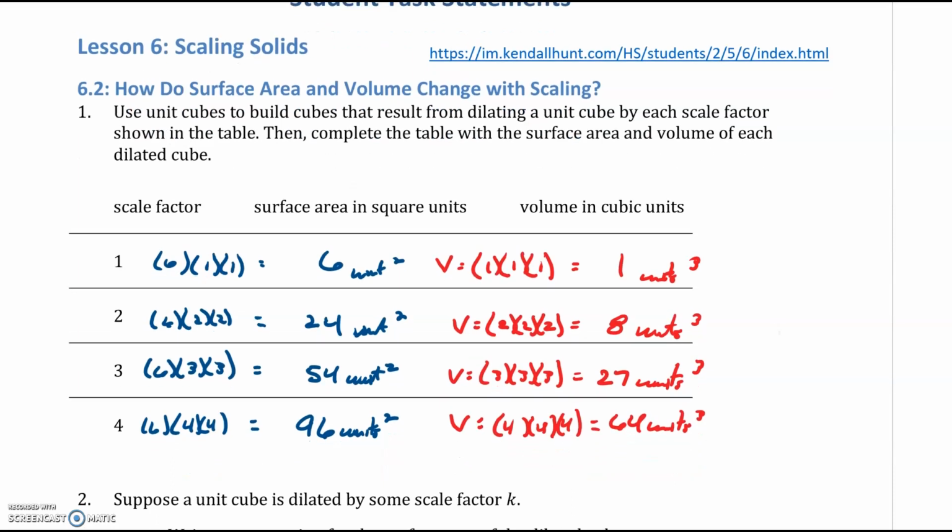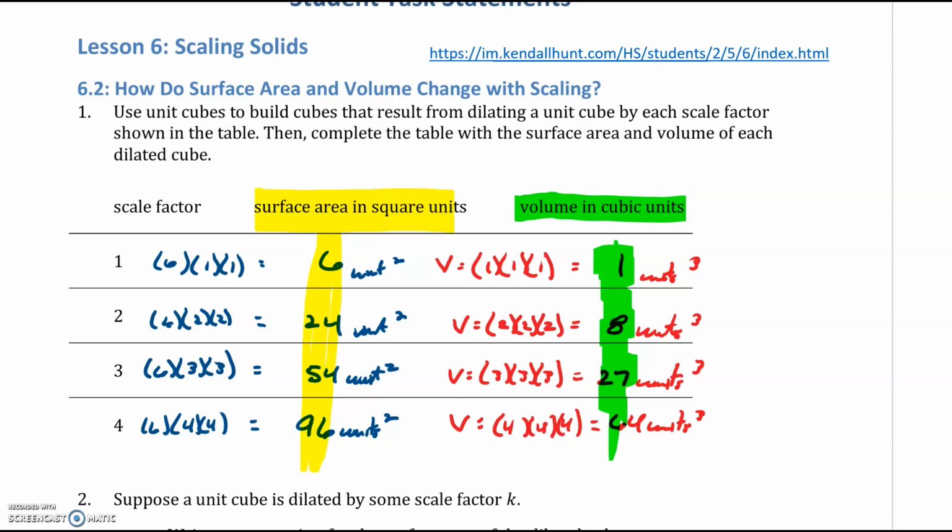The values that we are most interested in for the surface area are the totals here, and the values that we're most interested in for volume are right here, the total volumes.